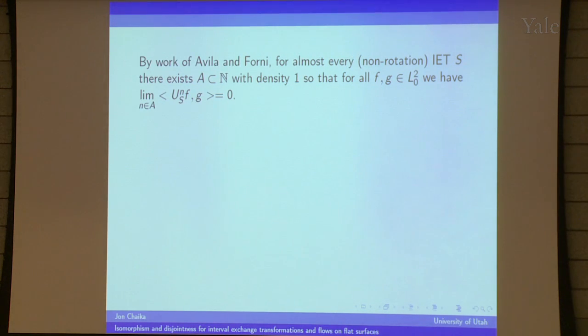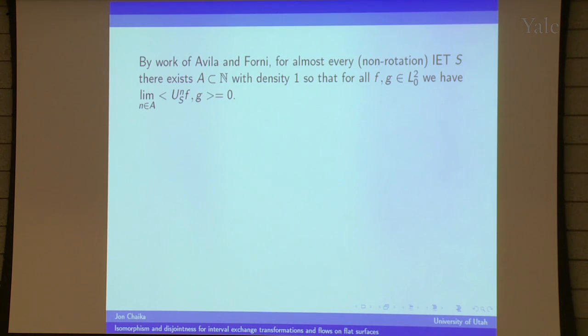So how do we go about showing that for the typical pair of IETs, I can find a sequence where one is converging in the strong operator topology to the identity, and the other is converging in the weak operator topology to the 0 operator? Fortunately, Wiener's lemma tells us that if you have continuous spectrum, then there's a sequence of density 1 where the Fourier coefficients of your spectral measure converge to 0.